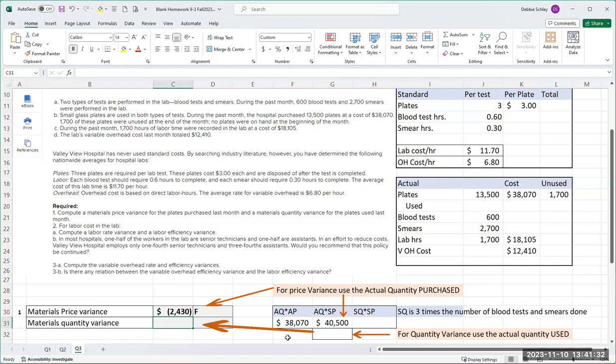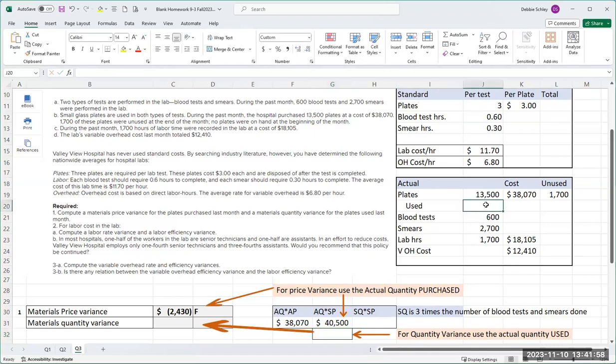Okay. Materials quantity variance. So again, I'm going to take, before I do that, well, no, I am. I'm going to figure out the middle one. So the actual quantity used, which I should have figured out.